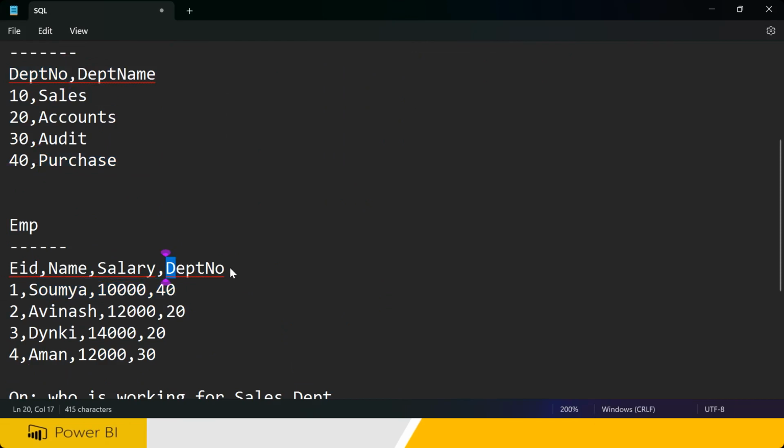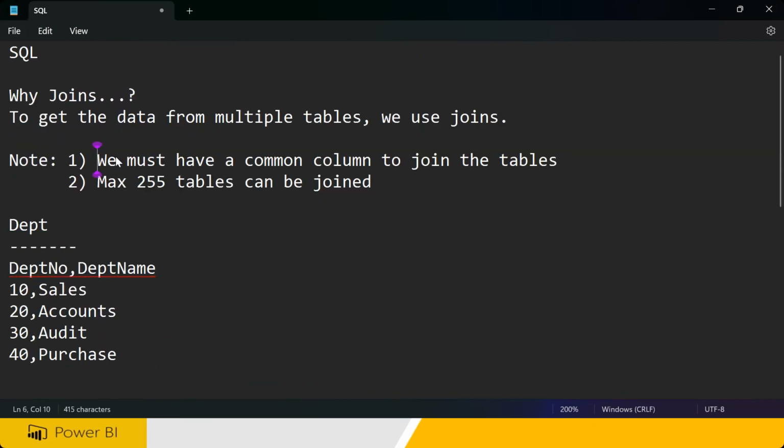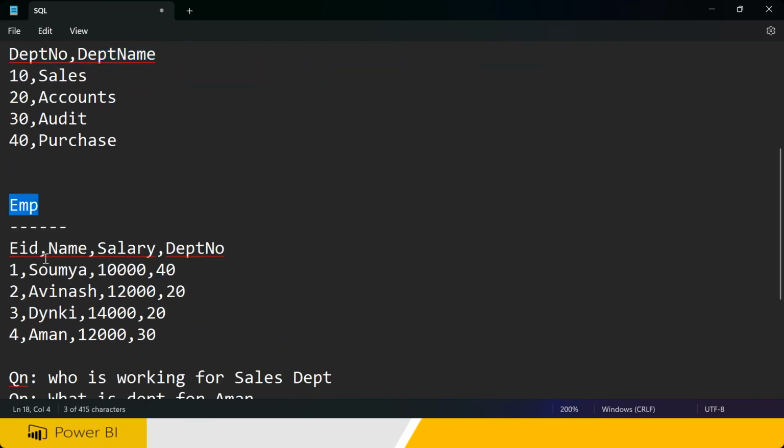If you have the common column, then only you will be able to retrieve the data from both tables. Because normally, what is the department number, what is the department name, you can ask. Or when you go to this table, what is the salary, what is the employee number for Soumya, what is the employee number for Avinash, you can ask.